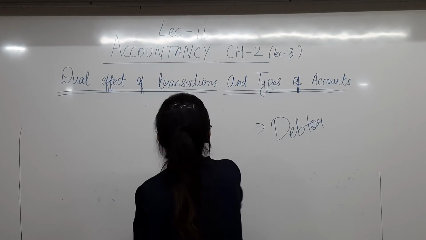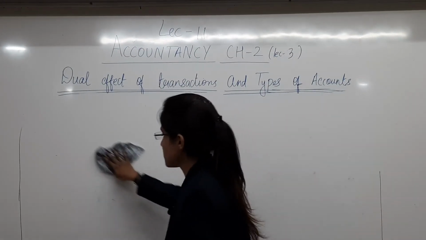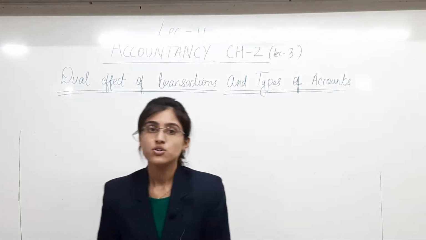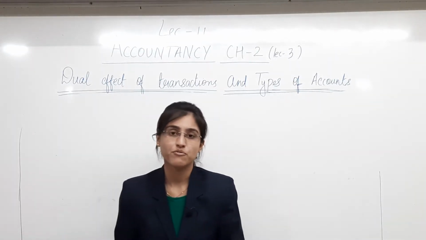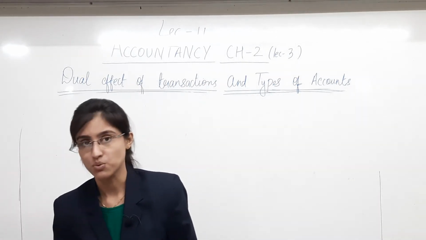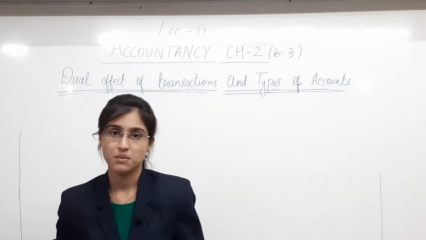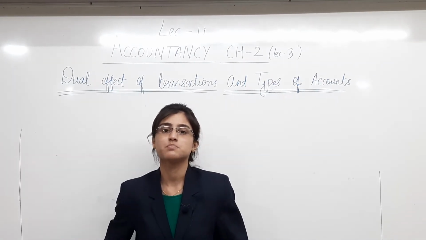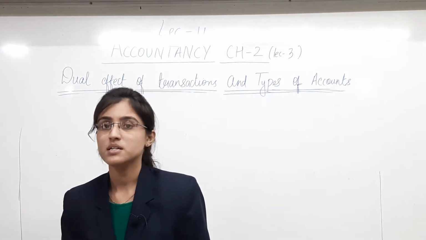And another important thing that I have always asked you is that you have to consider yourself as the owner of the business. So Manoj here is you. If I am doing this sum, Manoj here is me. So Manoj is a person who has commenced business with the introduction of capital of rupees 20,000.